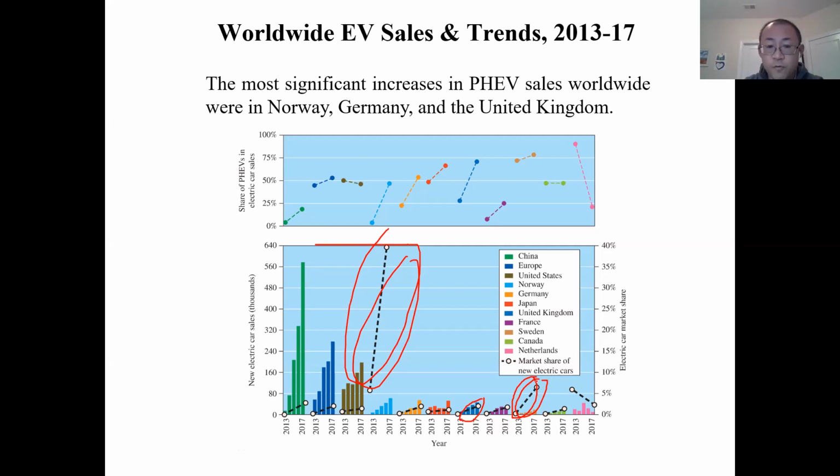In number of sales, of course, it is China, Europe, and the United States, but the countries with the highest percentage increase are these three. And of course, that's partly because of the policy in Europe, which is increasingly decreasing dependence on gasoline and increasing the percentage of battery-powered vehicles.